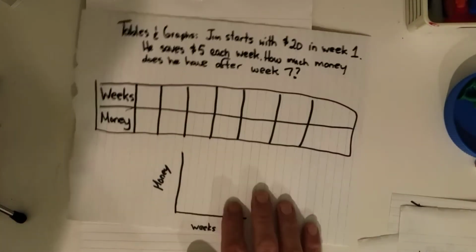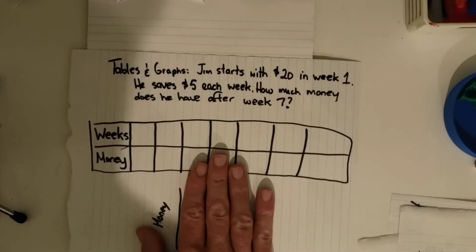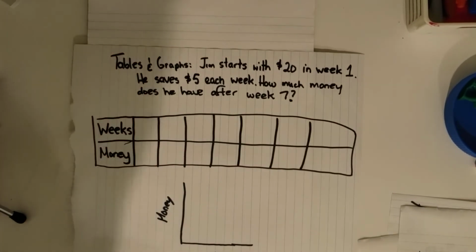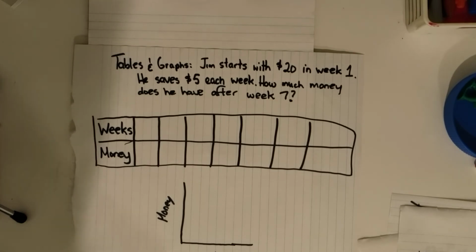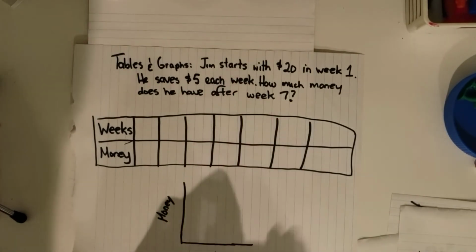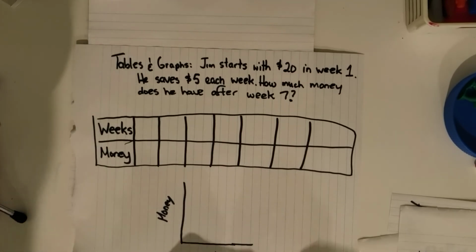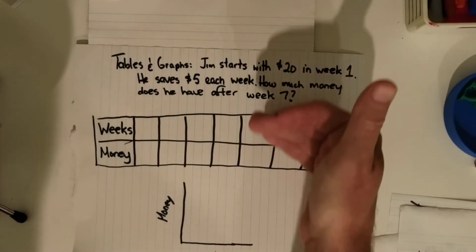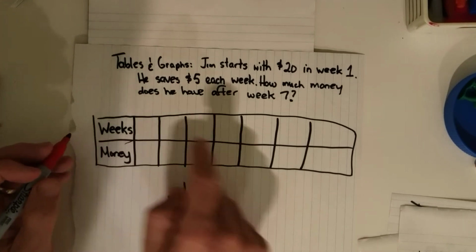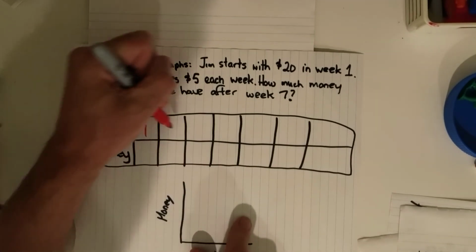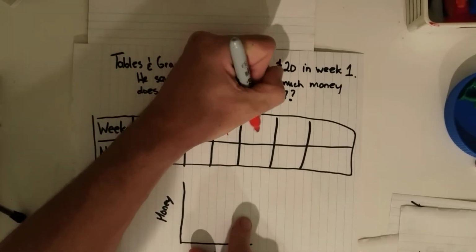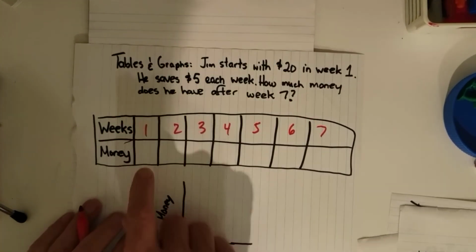And lastly, we have tables and graphs. So if we look at this, Jim starts with $20 in week 1. He saves $5 in each week. How much money does he have after week 7? We can use a table to show this information. So we put weeks and then the money. So the weeks are just going up by 1.